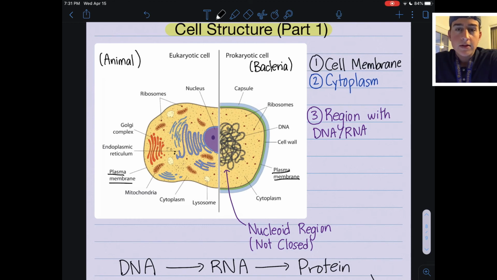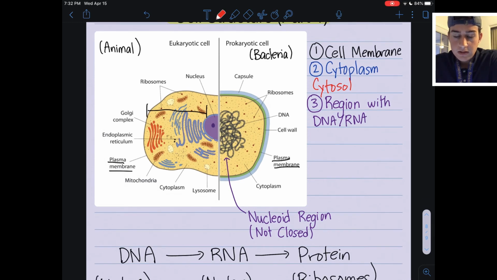Cytoplasm is the region between the nucleus and the cell membrane. For the left side, it could pretty much be this all the way to this, and it includes the organelles. But if we want to go even more into detail, we would look into something called the cytosol. The cytosol is pretty much just the liquid in between the nucleus and the cell membrane, but the cytoplasm is everything included.